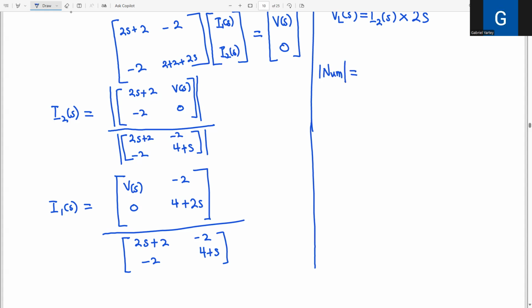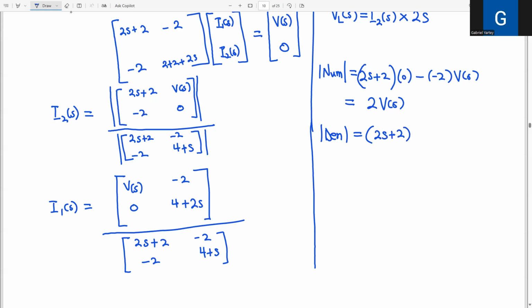It's going to be 2S plus 2 multiplied by 0 minus 2 times V of S. And it gives me minus 2 times V of S. And then the determinant of the denominator, which is this, is going to be 2S plus 2 multiplied by 4 plus S, minus 2 times minus 2.